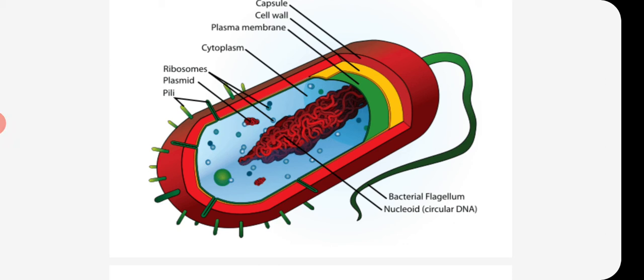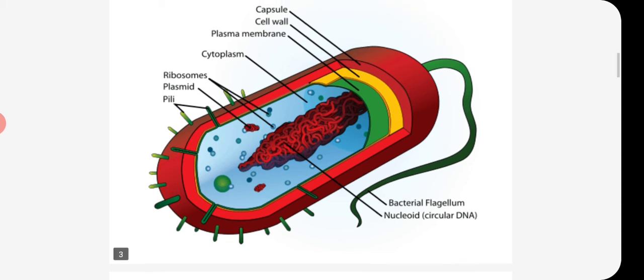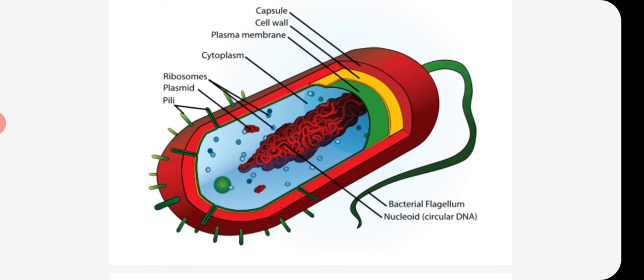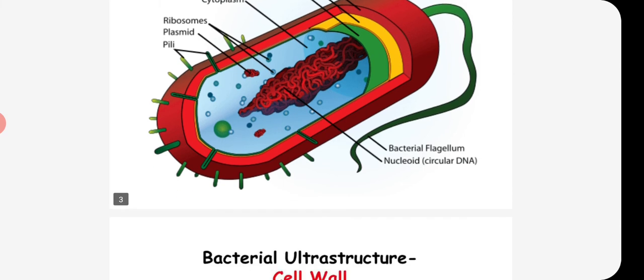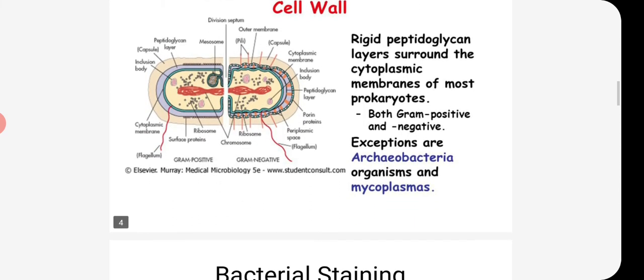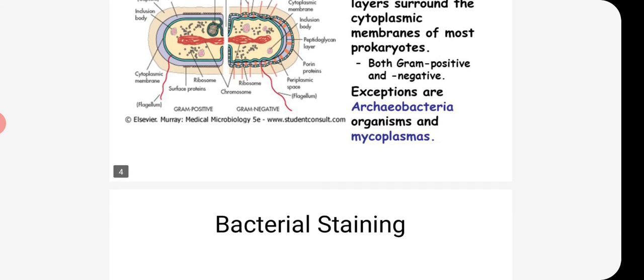They give a firm anchorage on host tissue. The second type of pili are sex pili. They are involved in conjugation, bacterial sexual reproduction. They are called sexual pili. So this is a simple bacterial cell structure, right?